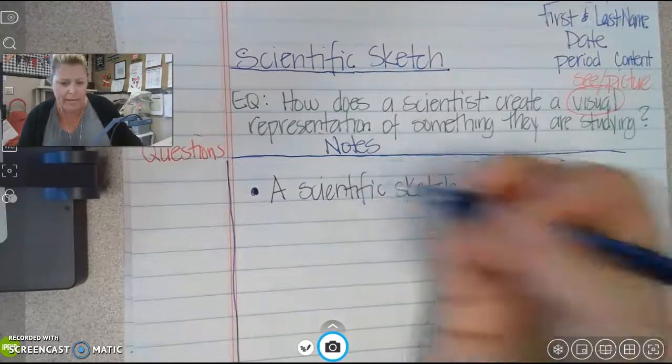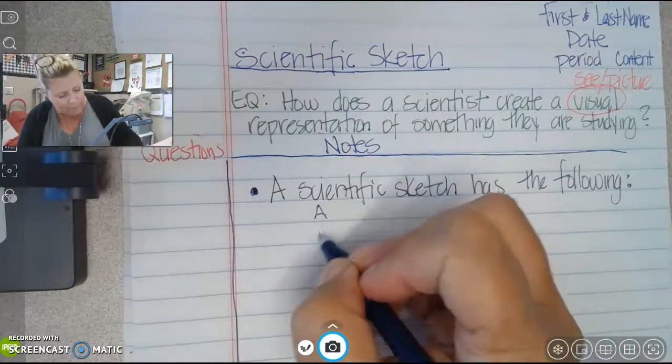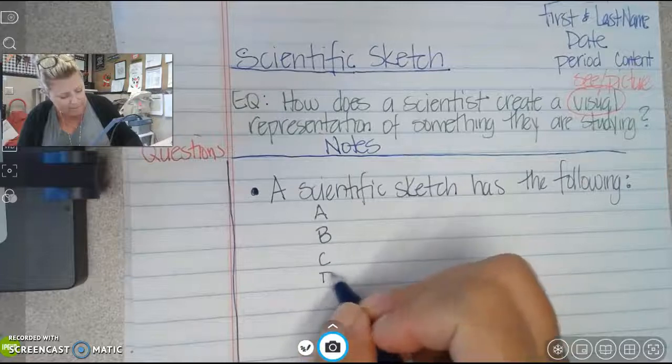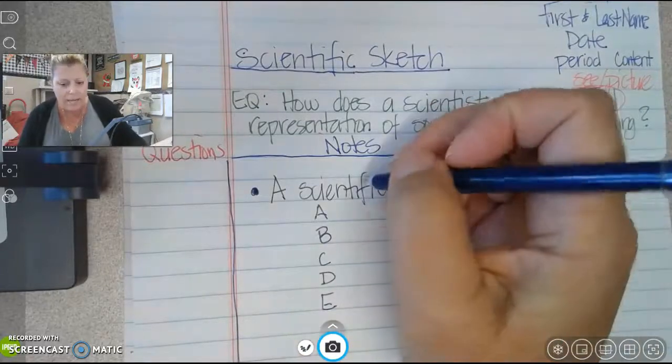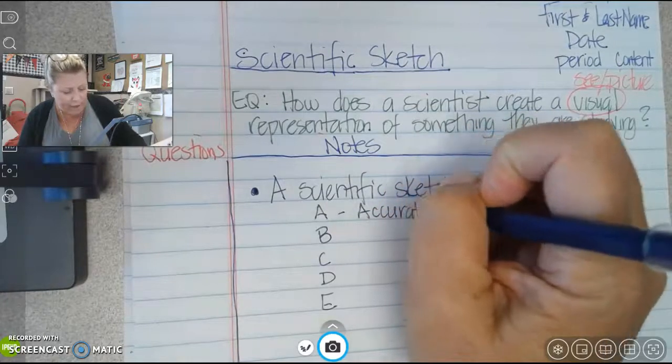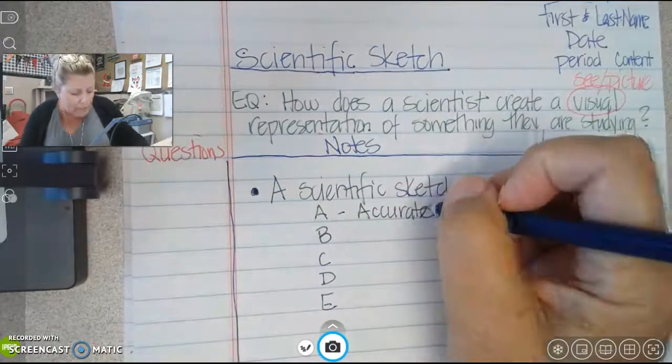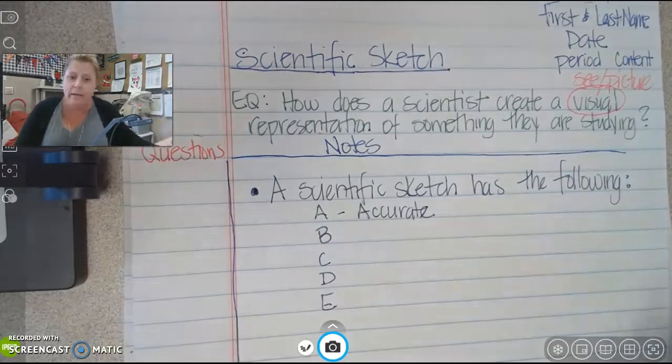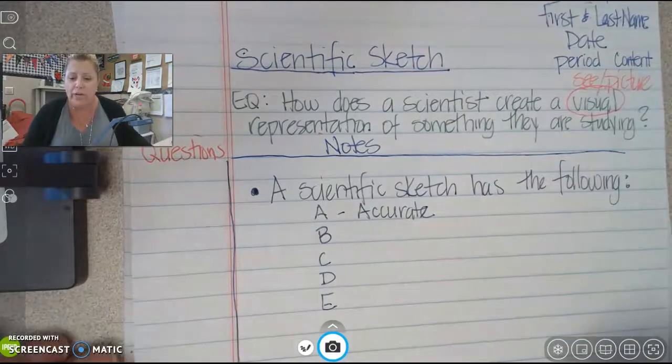And I'm going to write A, B, C, D, E to help me remember. And A stands for accurate. Accurate means that it needs to represent or look like the object that you are trying to capture.